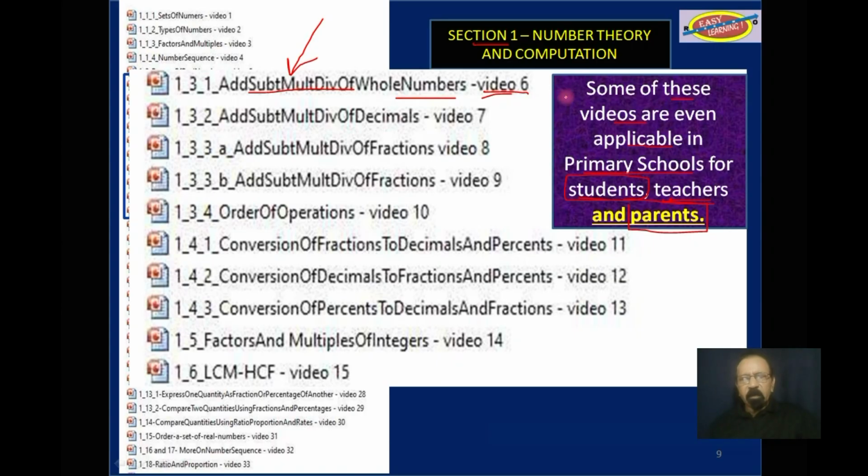That's work done in grade 3. And then video 7 says add, subtract, multiply, and divide decimals, work done in grade 4. And then video 8, add and subtract fractions, and video 9, multiply and divide fractions, and so on. Most of this work from section 1 is done at the primary school level, grade 3 to grade 6.